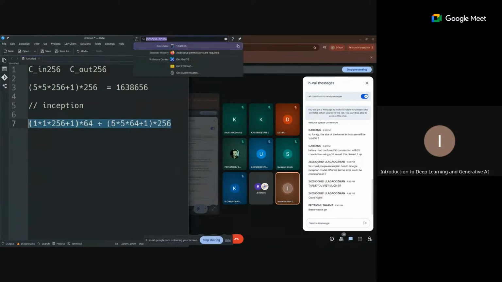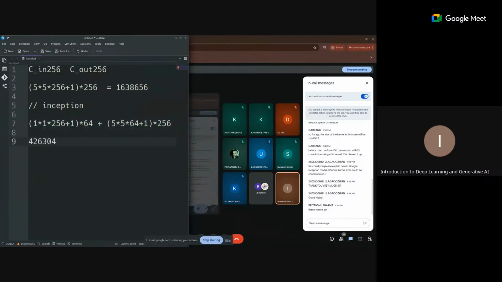Let's compute how this works. You see this value? It has a lesser number of parameters than the plain single CNN convolution. This is only one path, right?